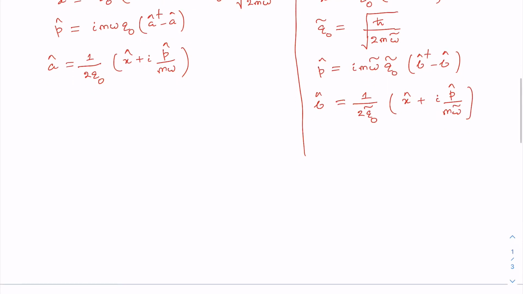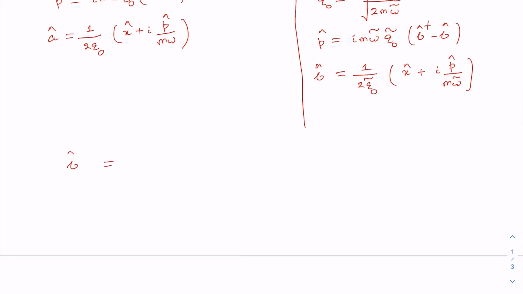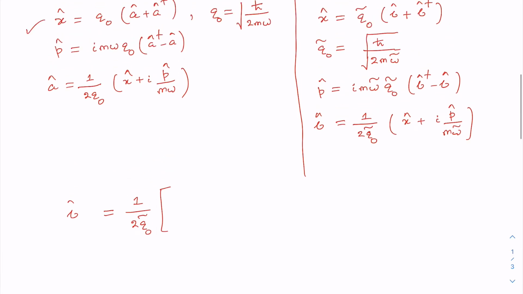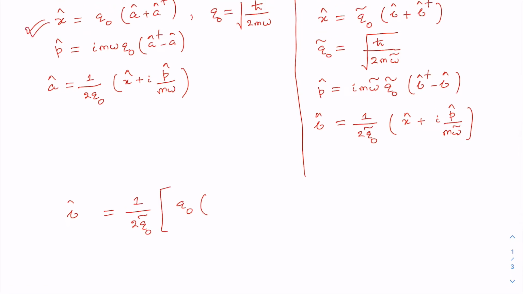Now the next thing is to express this annihilation operator b in terms of a and a dagger. You can trivially do that. So you have 1 by twice q0 tilde, where x is q0 (a plus a dagger), and you have i times 1 by m omega tilde, and the p operator you can write as i m omega q0 (a dagger minus a).